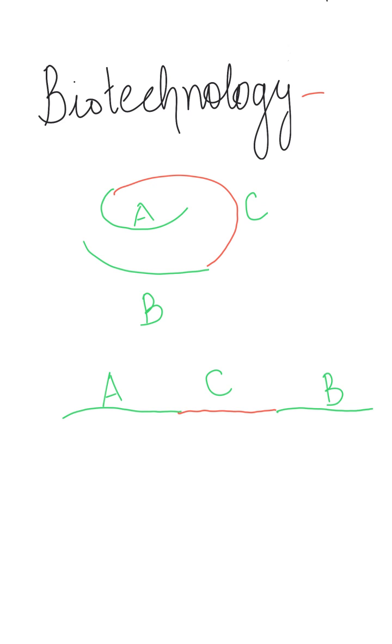So basically if we stretch the entire structure, it is going to look like this. This is A, then comes C, then B. So there are 3 polypeptides.